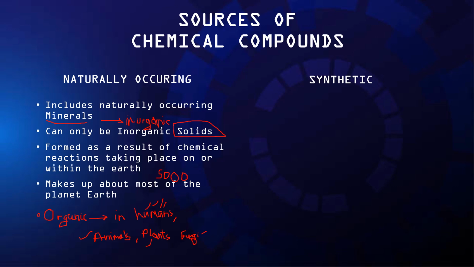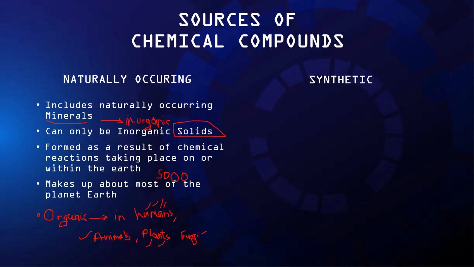These are all organic compounds. And we also have some inorganic salts. Even in plants, we have some inorganic salts. So this is another important source of chemical compounds on Earth. In living beings, we can find a lot of organic compounds and some inorganic compounds.